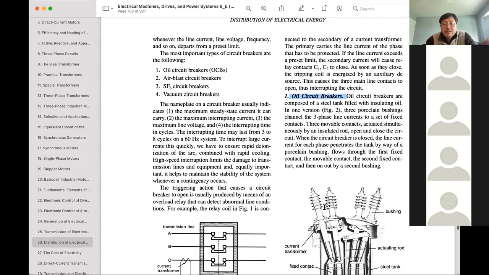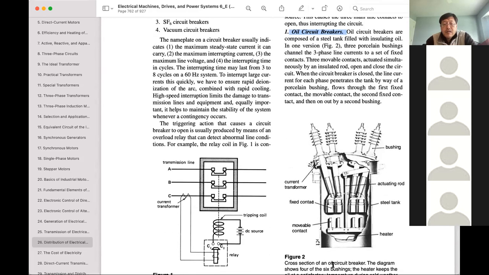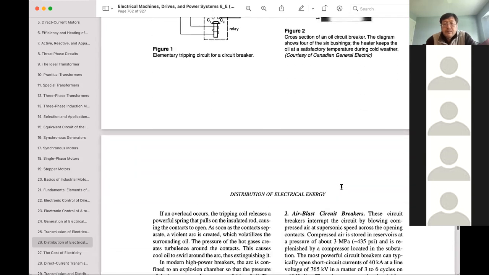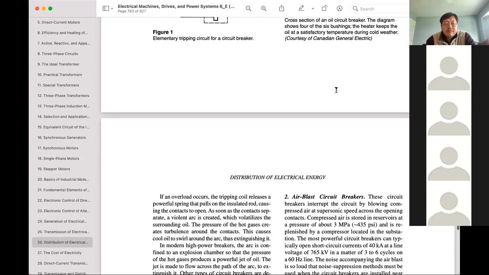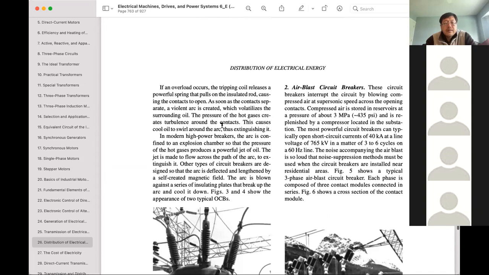Why oil? You might think oil is dangerous, right? The circuit breaker has a lot of sparks, and spark and oil. Yes, actually they generate sparks. They burn, they create sparks. Well, it's pretty safe because there's no oxygen, I would think, because oil has to be mixed with oxygen. If there's no oxygen, it's just a little spark.